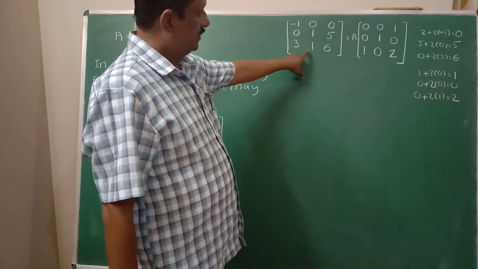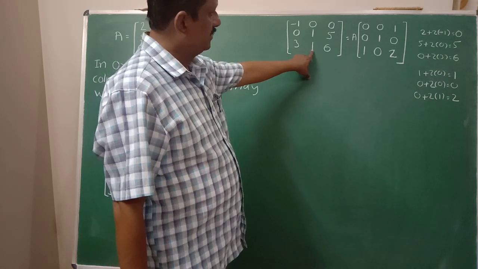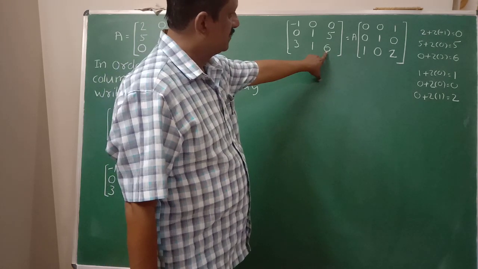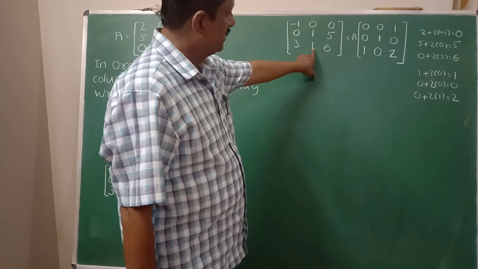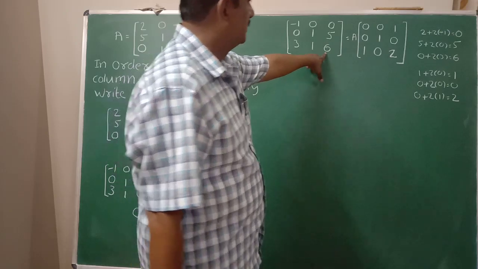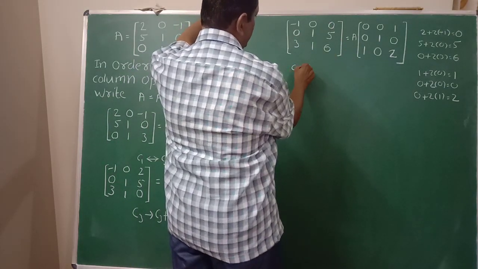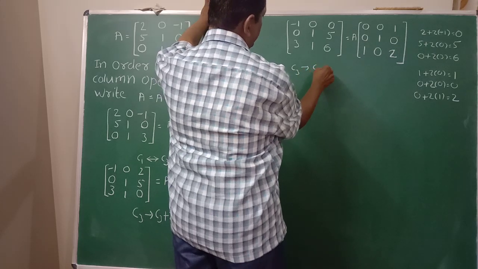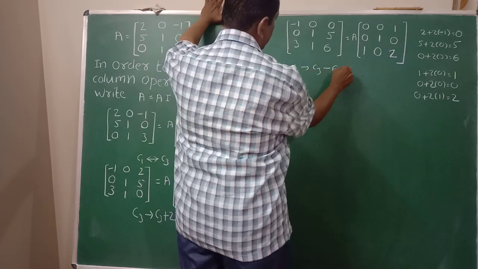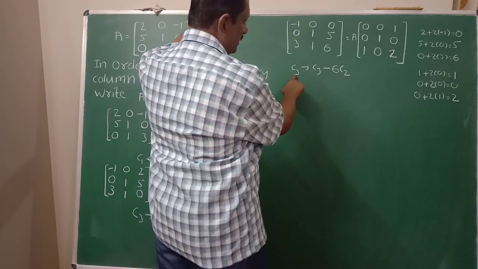Here 1 is there. So using this one, you make this term 0 here. Okay. So therefore multiply here by 6 and subtract. Then this term becomes 0. So this is the third column here. C3 implies C3 minus 6 into C2. Okay. So the third column changes here.